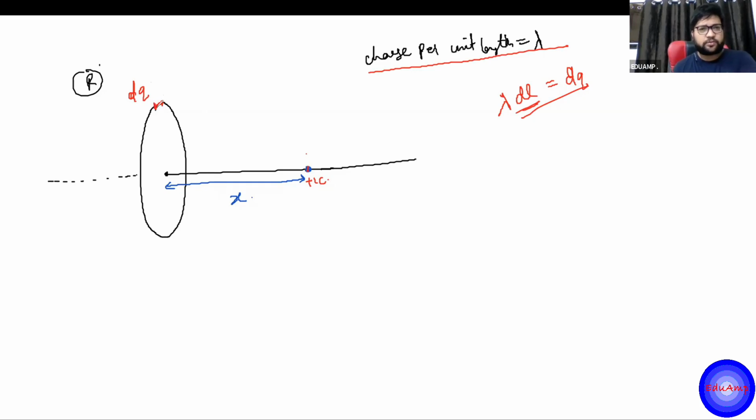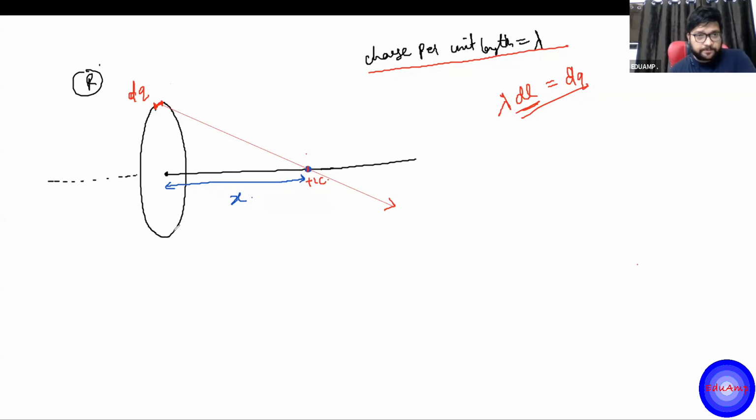The charge on the ring is plus, and here also +1, so obviously it will be repelling. The force on this +1 coulomb charge will be in this direction. Similarly, diametrically opposite to this, there will be another same arc of charge.